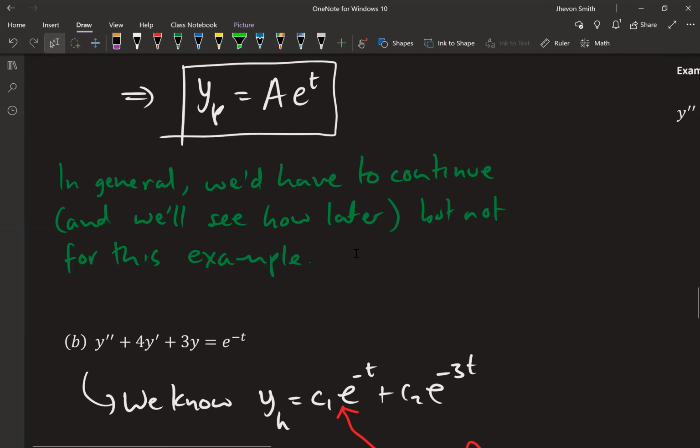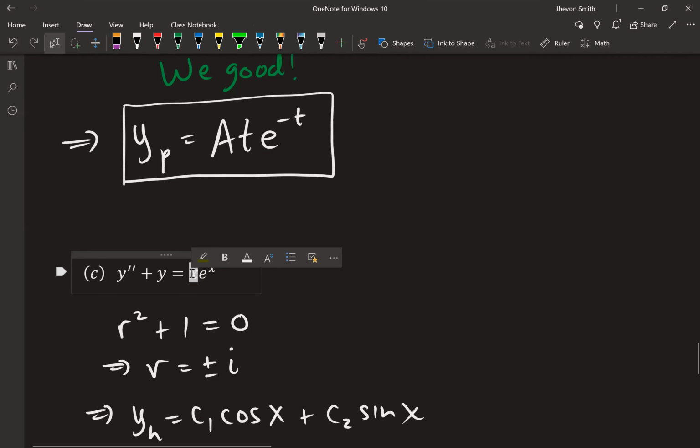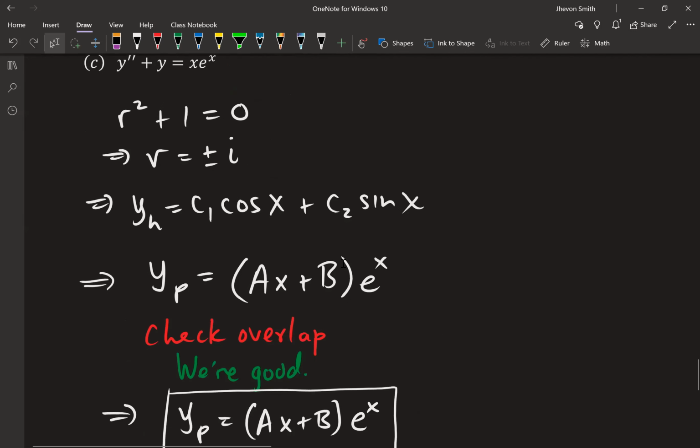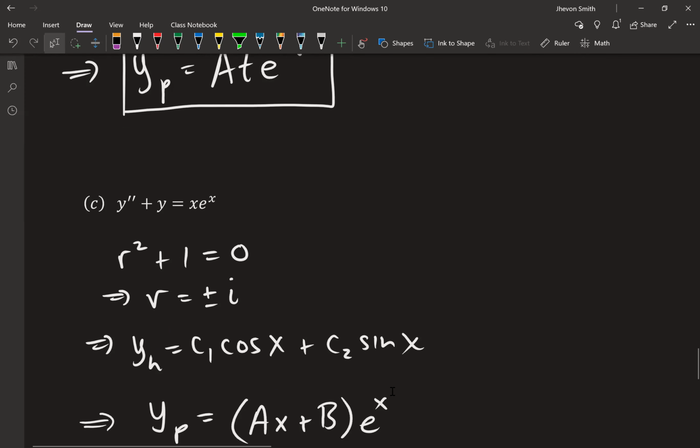Here, my g is a first degree polynomial times an exponential. My yp should look like that, a first degree polynomial times an exponential. The guess is to make sure that the form you're guessing for the particular looks like the form that's on the right side.